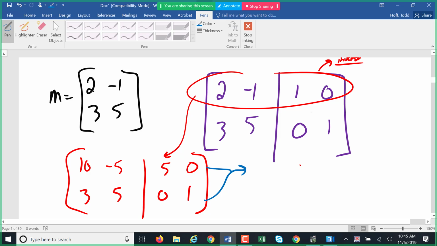Well, there's really only 2 rows to combine. I'm going to replace the first row with that. So I've got 10 and 3 makes 13. Negative 5 and 5 is 0. 5 and 0 is 5. 0 and 1 is 1. So I've got 13, 0, 5, 1. Bottom, I still have 3, 5, 0, 1.